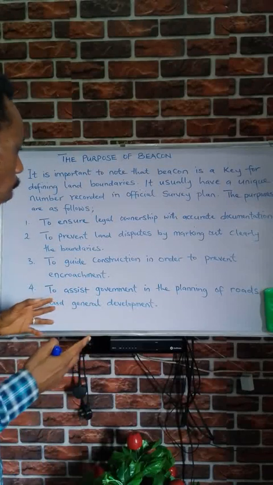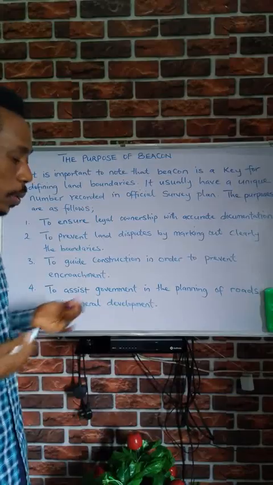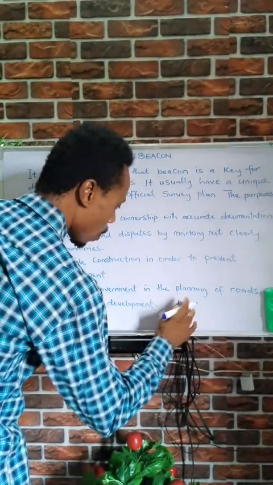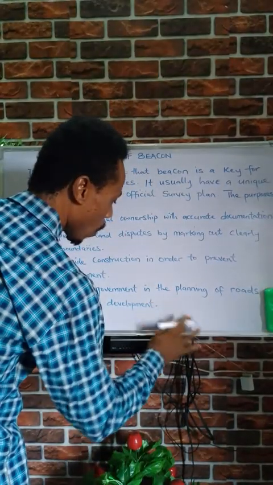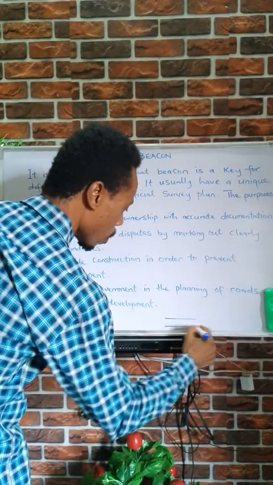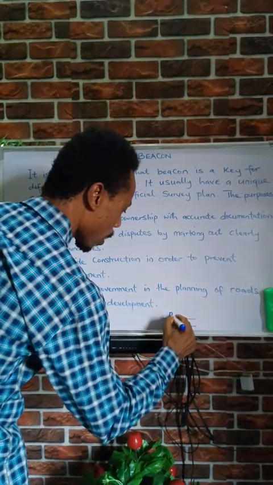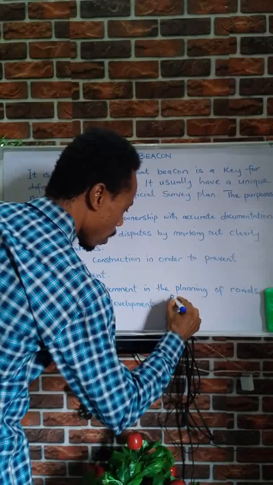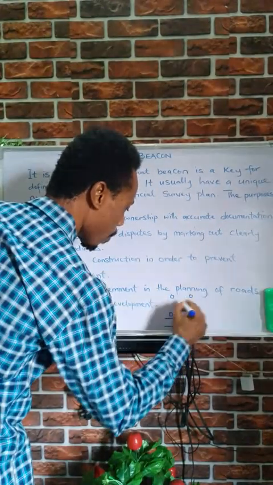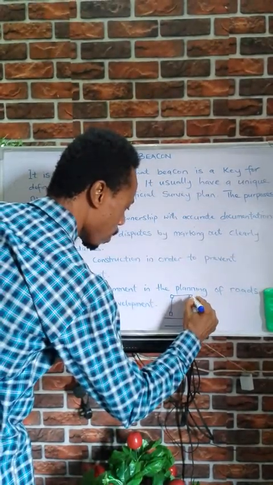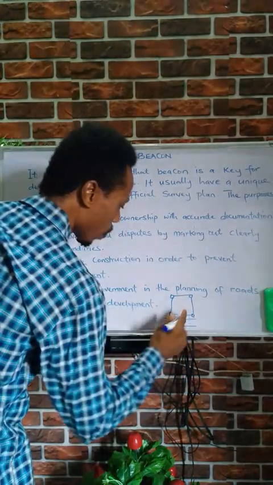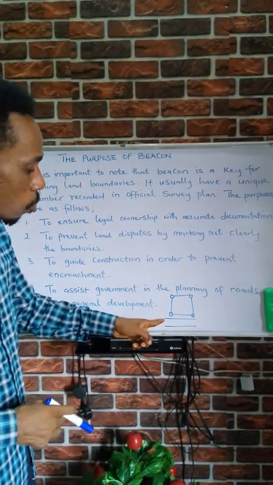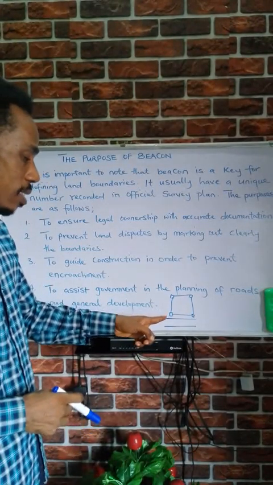For example, you have a beacon here, this is a road, and you have another beacon here, and another beacon here. So this is now your plot of land. With this beacon, this road can be offset from this beacon.